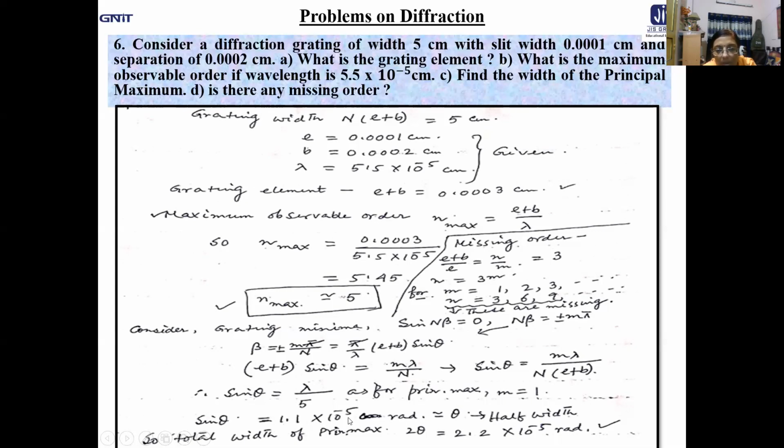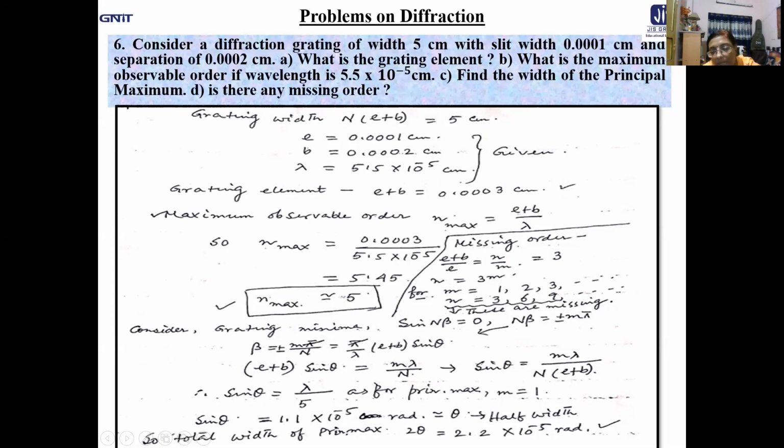It is 1.1 into 10 to the power minus 5 radian, and it is very, very small. So you can directly write theta equal to half width equal to 1.1 into 10 to the power minus 5 radian. And the total width of the principal maximum obviously will be 2 theta, because it is the width contained between the two first order minima.